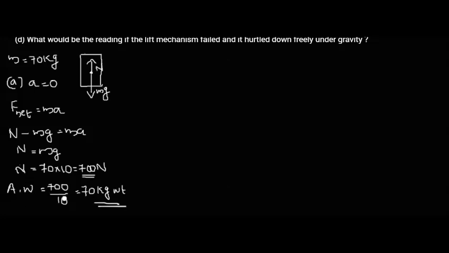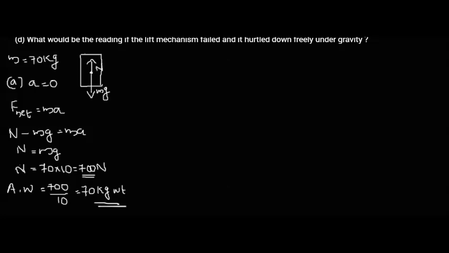Okay, 70 kilogram weight. This is the force. From this we have to calculate the apparent weight. For that, 700 divided by g, acceleration due to gravity, we will get the answer 70 kilogram weight.